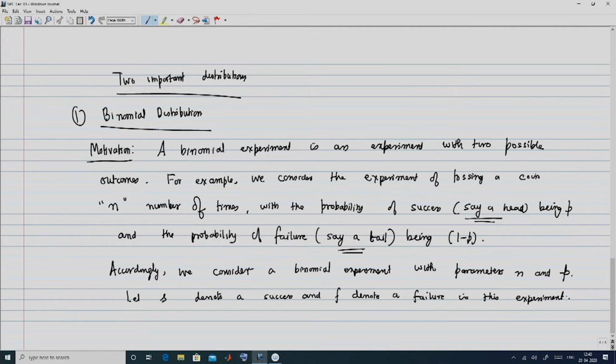S could have been a head and F could have been a tail in the specific example we just looked at. So, we have probability p for S and 1 minus p for F.